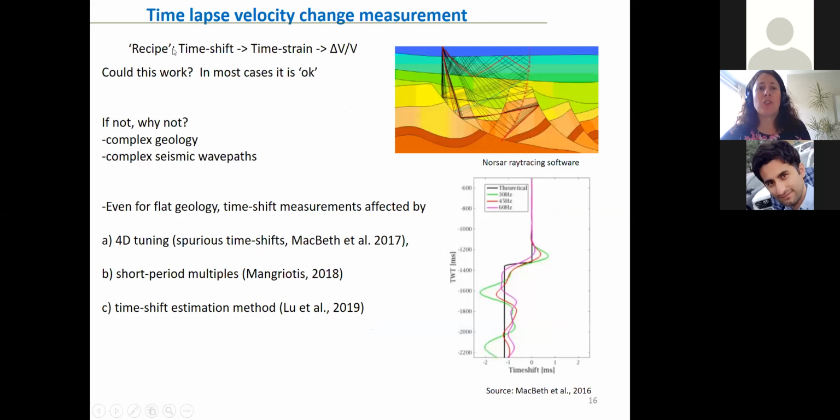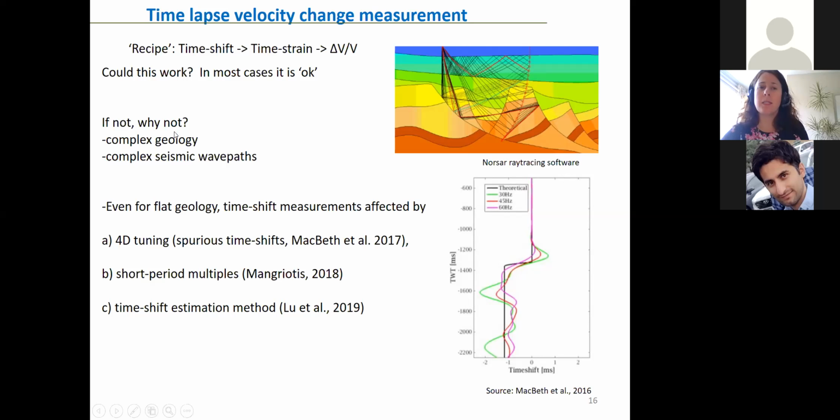Now, I mentioned this recipe of using vertical time shift and computing time strain and then estimating delta v over v, and I said it tends to work okay in some cases, but it doesn't in more complex cases.